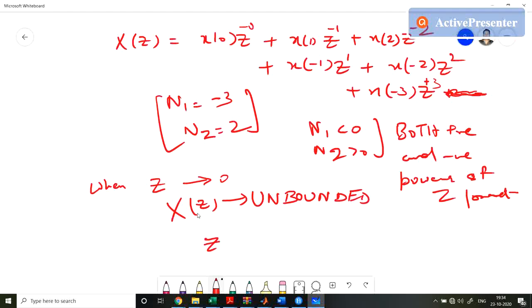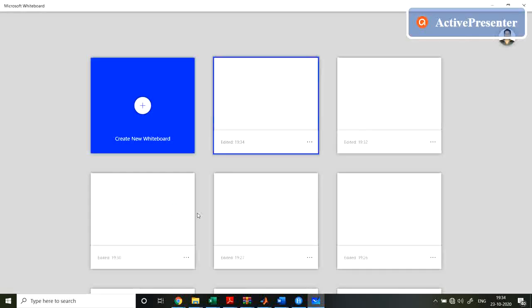And when z tends to infinity, due to the positive powers of z, X(z) will become unbounded.